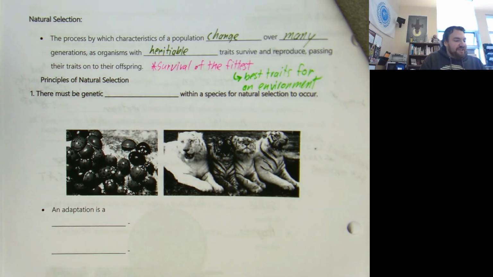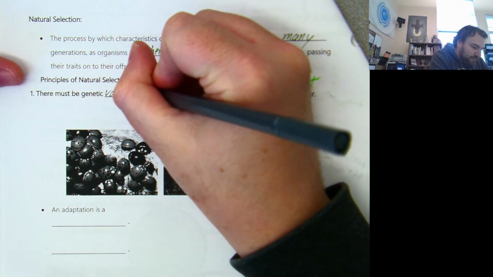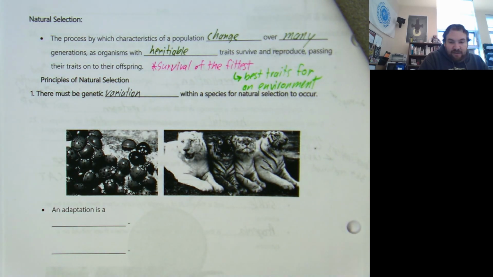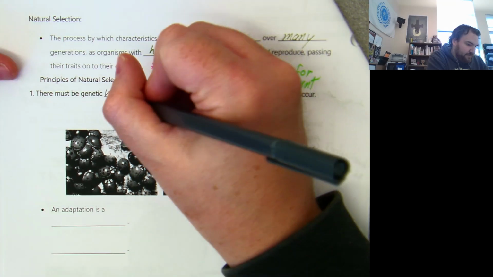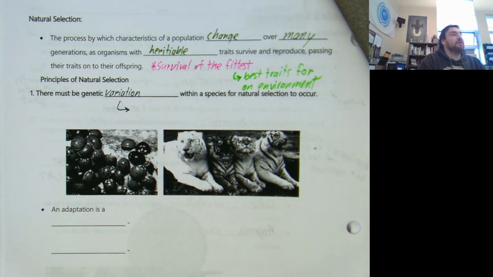So, principles of natural selection. Number 1, in order to have selection of different heritable traits, there must be genetic variation. And what do I mean by variation? If you had to explain variation in simpler words, what would you say?